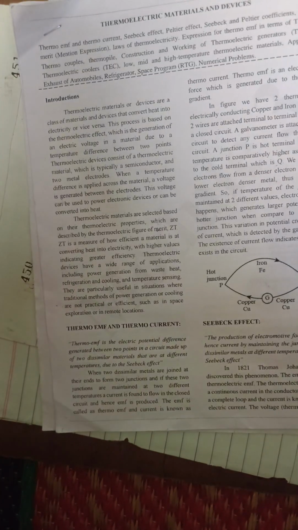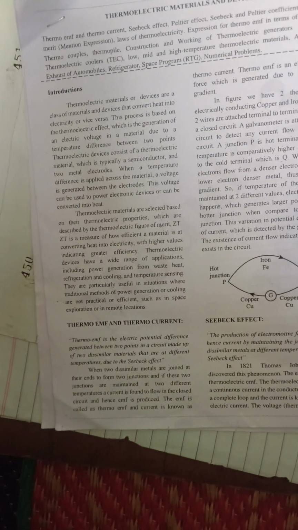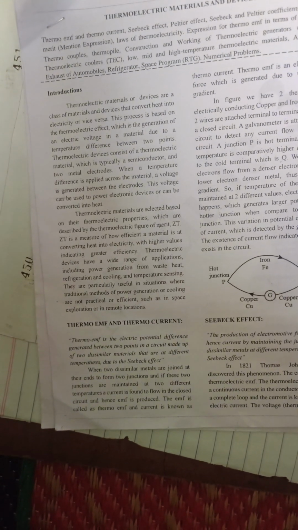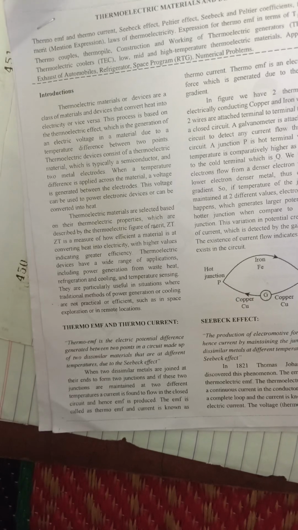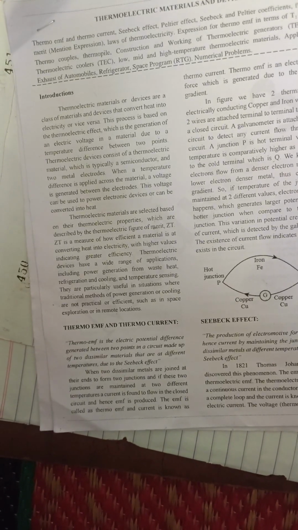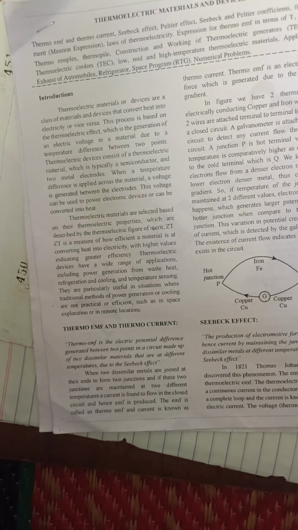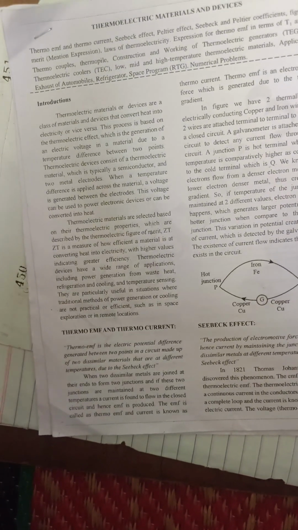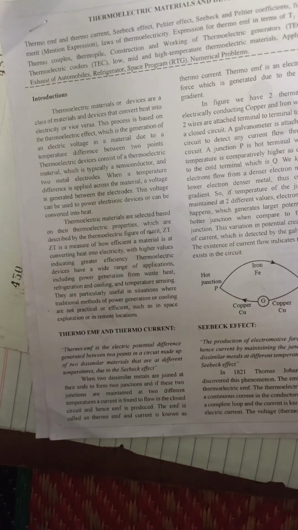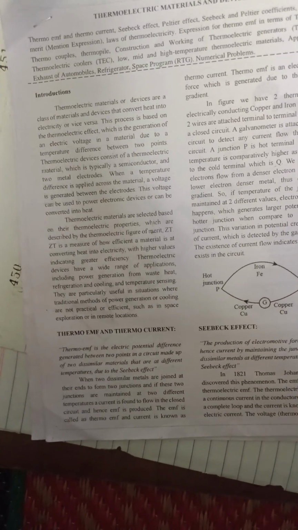I will just read it once again. Thermo EMF is an electric potential difference generated between two points in a circuit made up of two dissimilar metals at different temperatures due to the Seebeck effect.